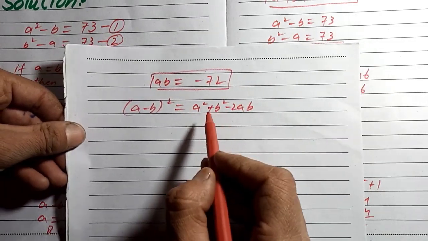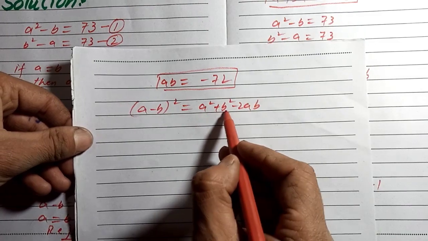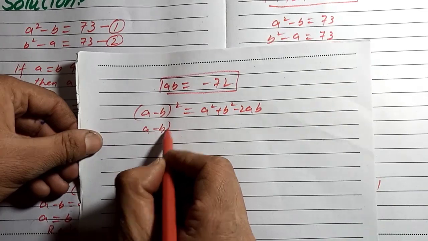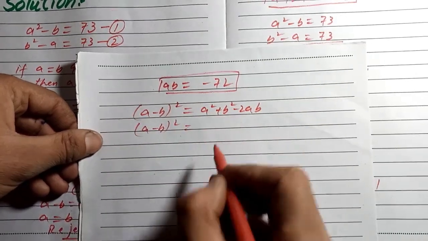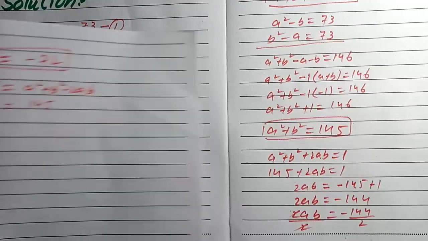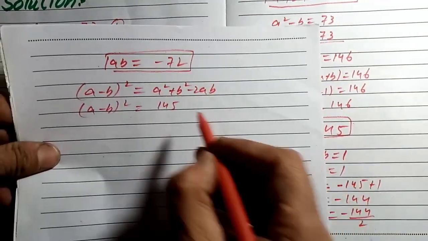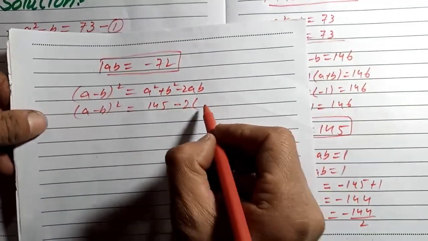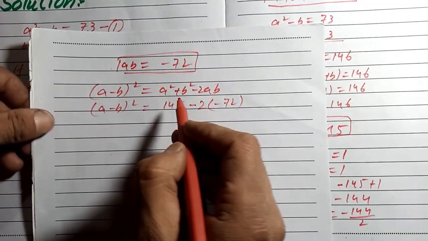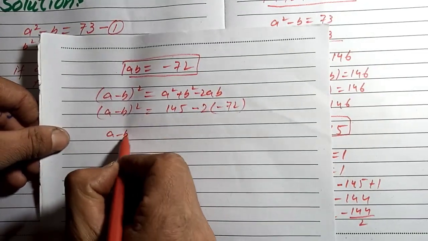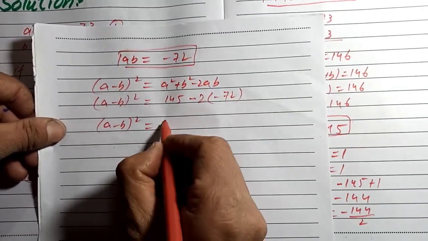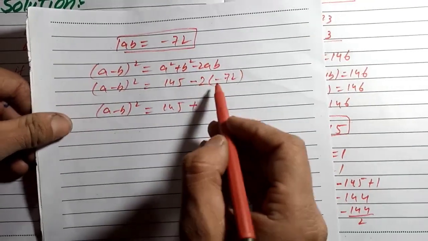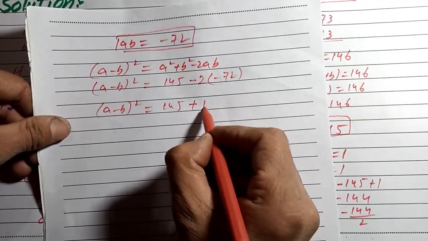So if we put in this formula the value of a square plus b square, which is 145, minus 2ab, with the value of ab being -72, we get a minus b whole square, which is equivalent to 145 plus, minus times minus will be positive, 72 multiplied by 2, we can get 144.